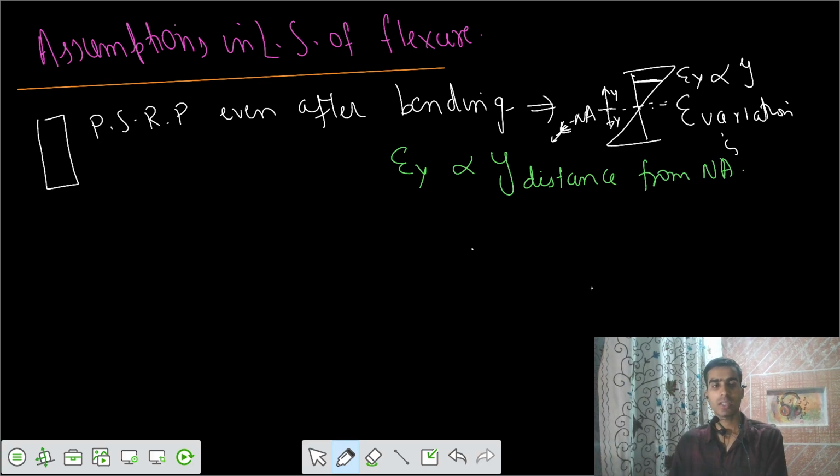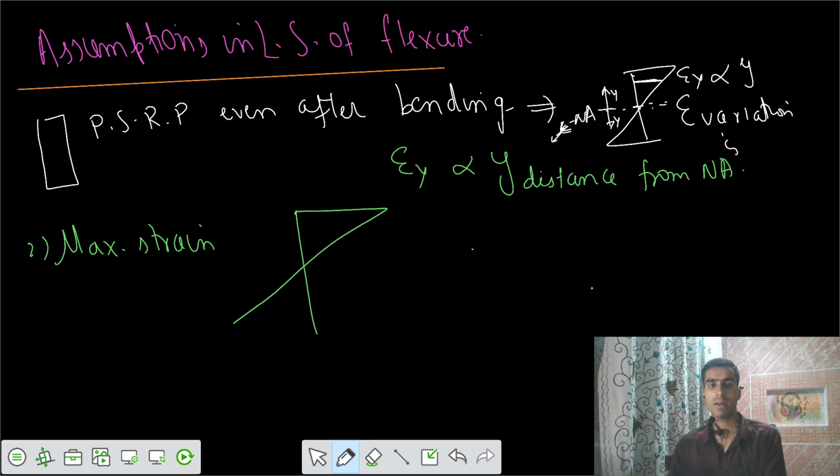And the second assumption is that the maximum strain in concrete at the outermost fiber is equal to 0.0035. Once we have the diagram of the strain variation, the positive side is called the compression side for the sagging bending moment.